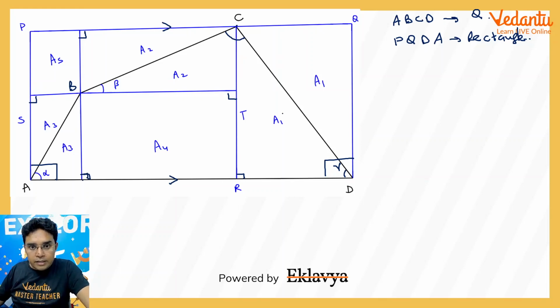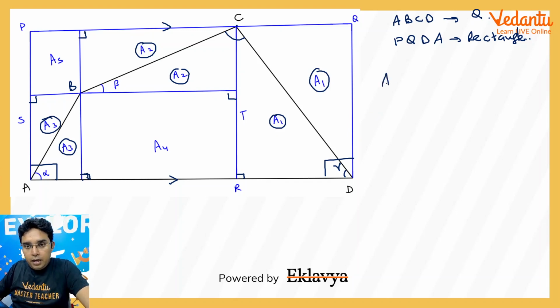Now here you can see this area, if it is A1, this also has to be A1 because CQDR is a rectangle. Similarly, this area, if it is A2, this will also be A2. Similarly, if this is A3, this is also A3. So now you can see my area of quadrilateral, that was 1.